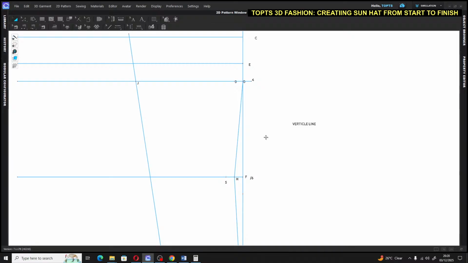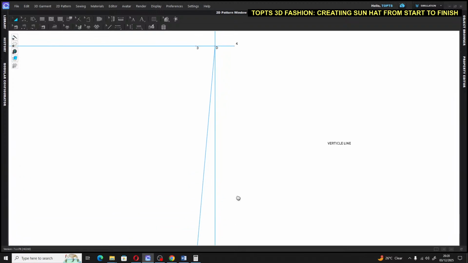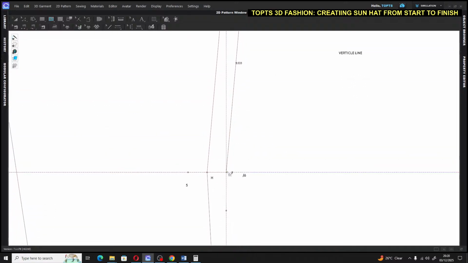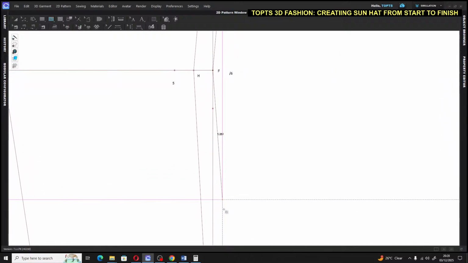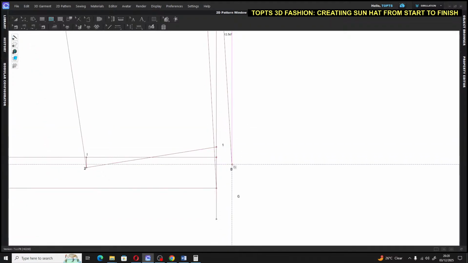So after that, we are now going to connect point 4 to F stroke 6. Then from here also, we are supposed to go out by 0.75. So before we do it, let us slant it.